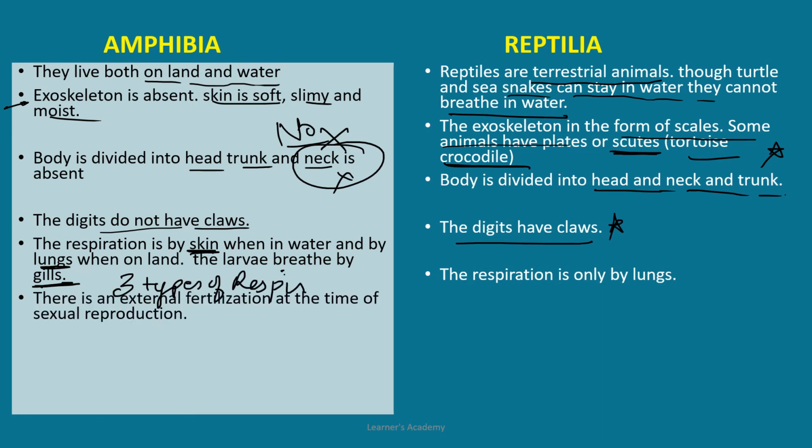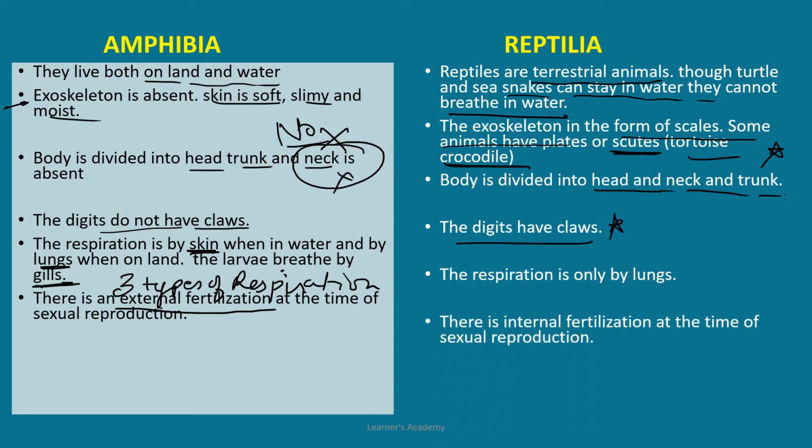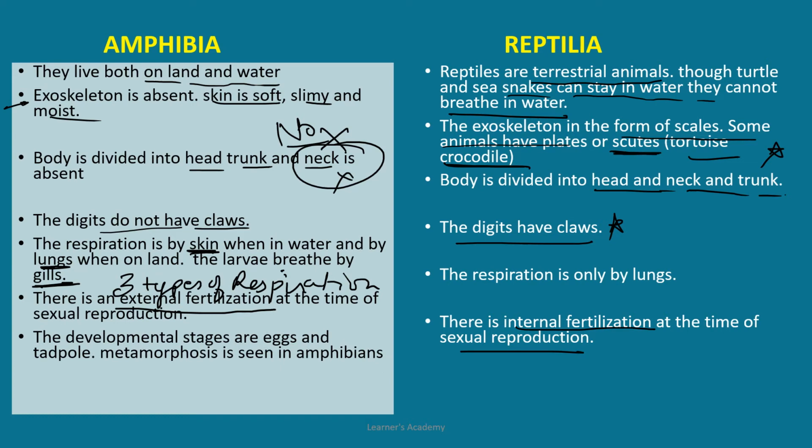In case of amphibians, there is external fertilization at the time of sexual reproduction, whereas in reptilians there is internal fertilization. Important point: the developmental stages are eggs and tadpole, and metamorphosis is seen in amphibians.